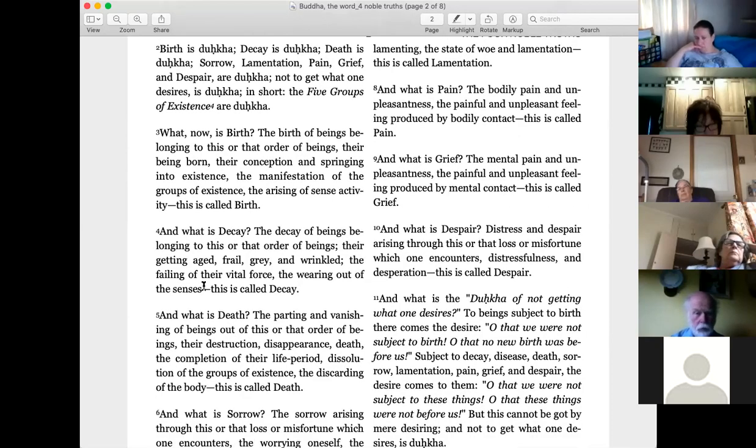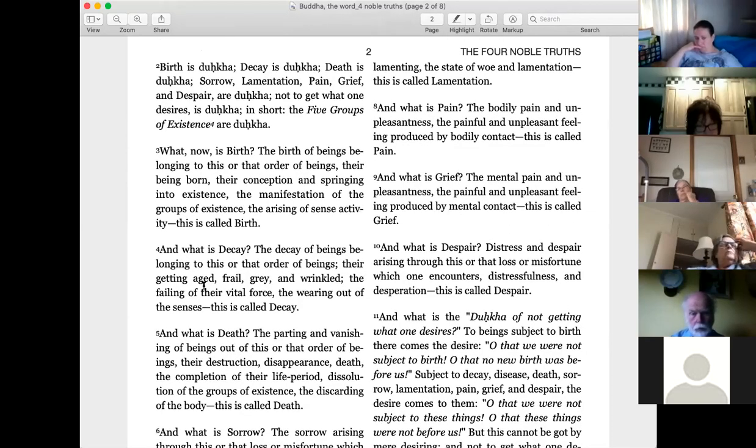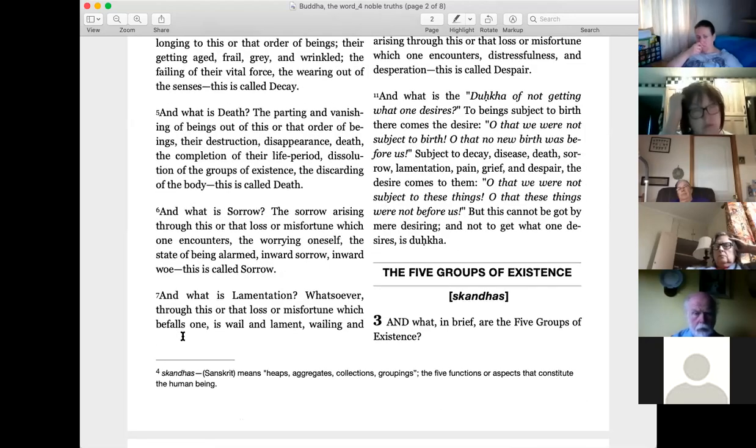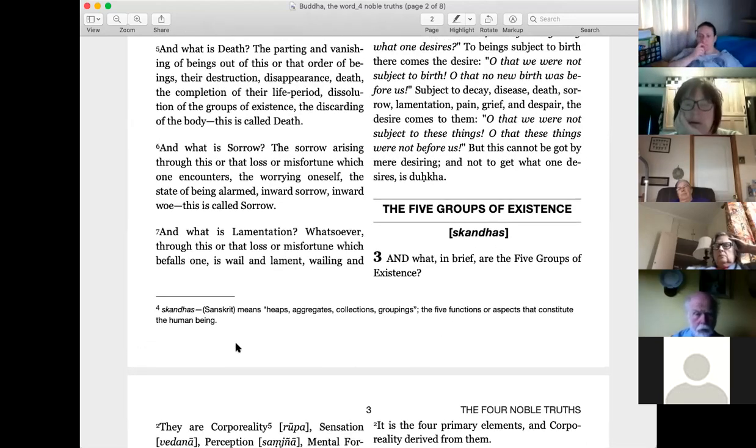So the Buddha in his teaching is going to explain some of those things. So he says that first, birth is dukkha, decay is dukkha, death is dukkha, sorrow, lamentation, pain, grief, and despair are dukkha. Not to get what one desires is dukkha. In short, the 5 groups of existence are dukkha. And we'll explain what the 5 groups are briefly if we look down at the footnote.